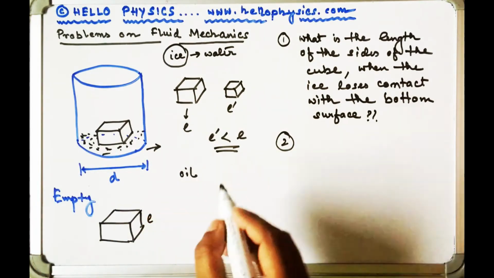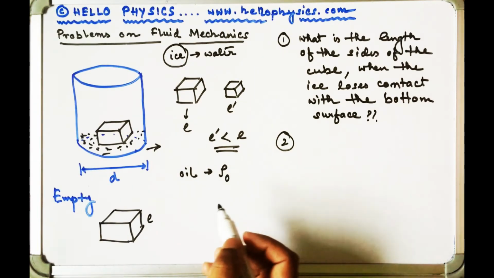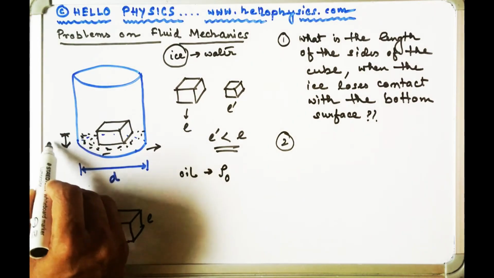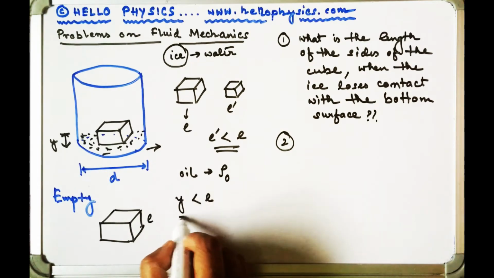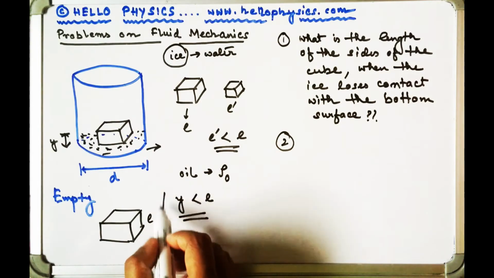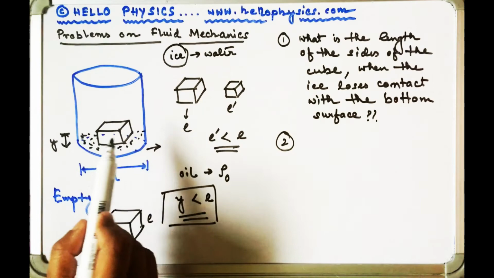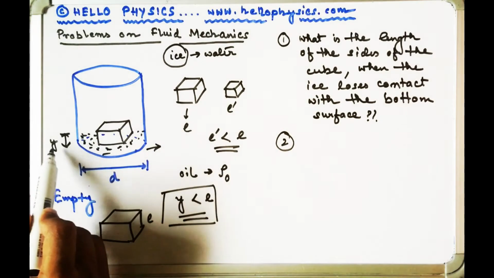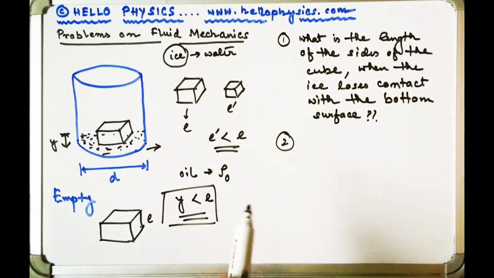The oil has a density of, let's say, rho O. And it is filled till a height of, let's say, Y, where Y is less than L. So this information is given that initially the container is filled with oil up to a certain height. The density of oil is rho O and the height is Y. Y is given, of course, and Y is less than L, that is the length of the ice cube.